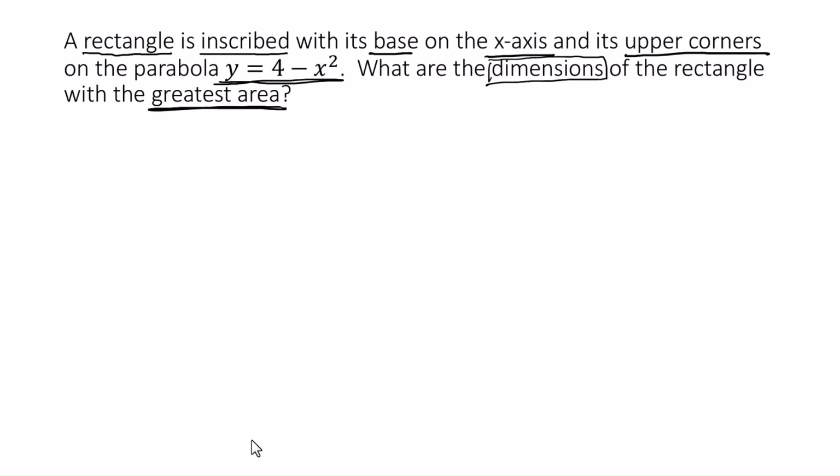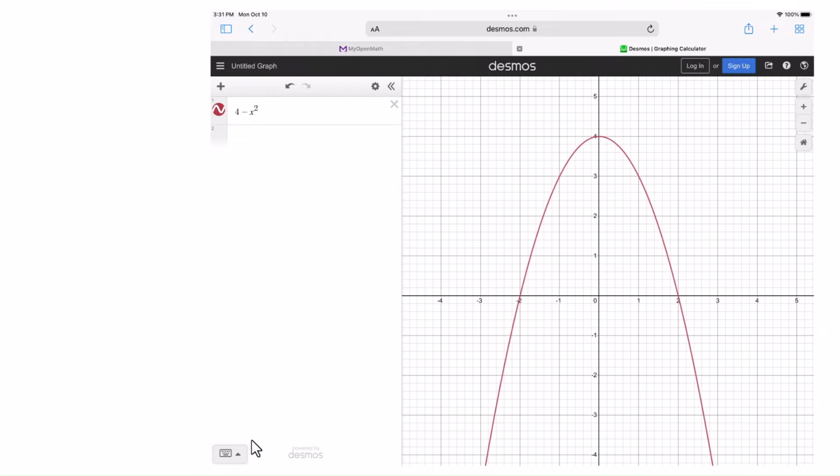First of all, let's see what this even looks like. Here is a graph of the parabola 4 minus x squared.